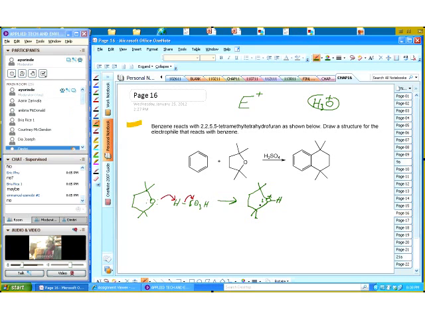Once you form that, this protonated ether here, because this is an ether molecule right here. If you recall when we did organic 1, we protonated the ether, and then it's going to open up, because we are going to form a stable carbocation. If it breaks this carbon-oxygen bond, you are going to form a carbocation on this carbon here, which is a tertiary carbocation.